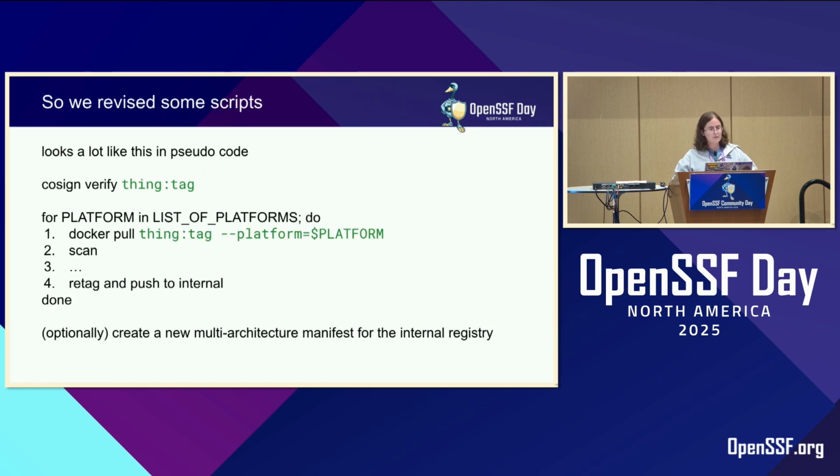And so we ended up revising these scripts. So you're going to cosign verify, and then for that platform and list of platforms that you need, you're going to pull, scan, do whatever you need to do, retag it, push it internal. And then I would recommend creating a new multi-architecture manifest on your internal registry just to preserve the magic of not having to think about your architecture.